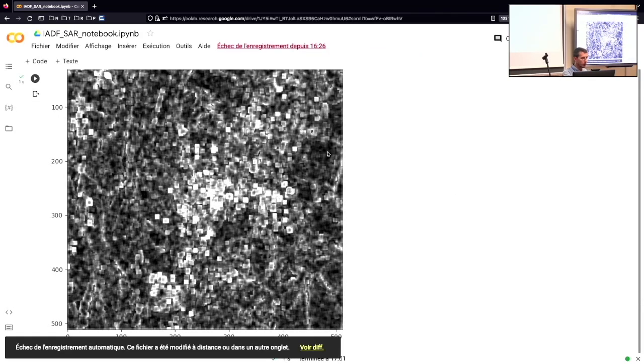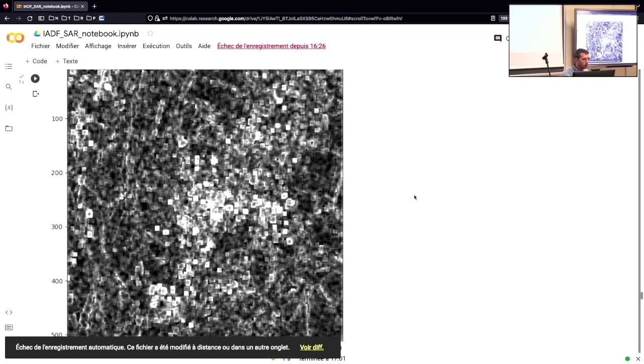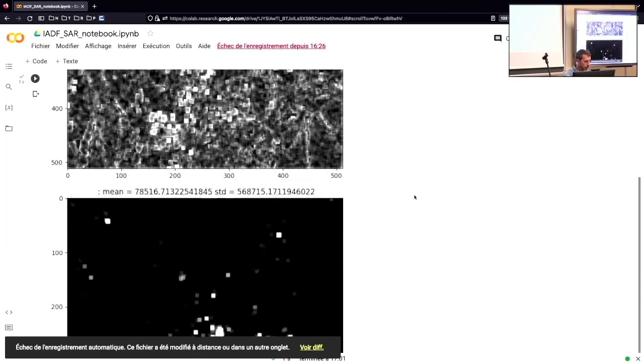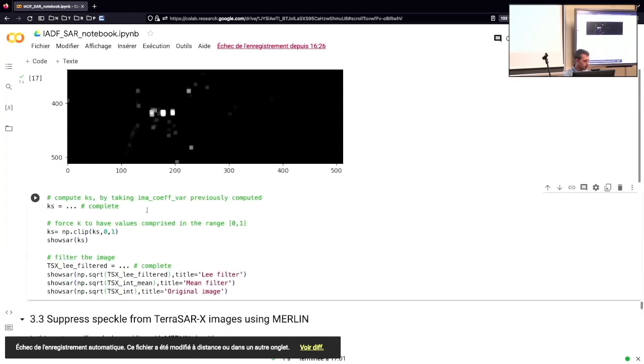So it is low if the area is homogeneous, okay? It is high if the area is heterogeneous. So it highlights edges somehow. So we can use it to weight the balance between the intensity image and the average image.